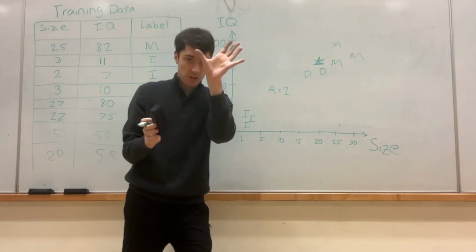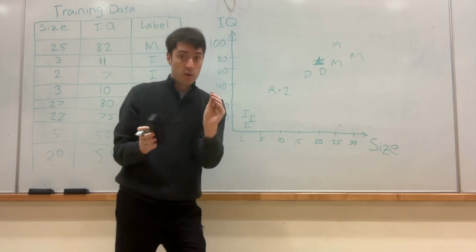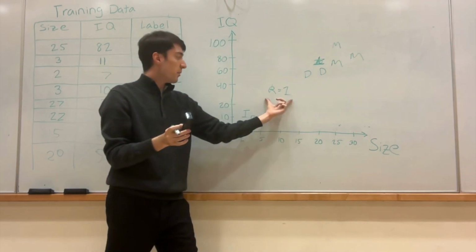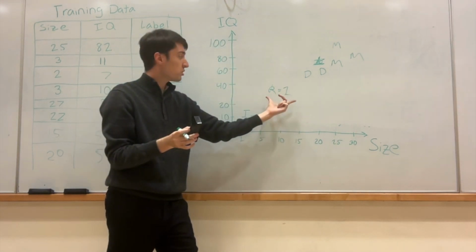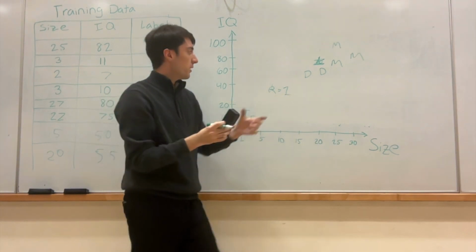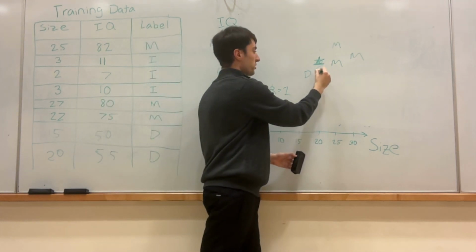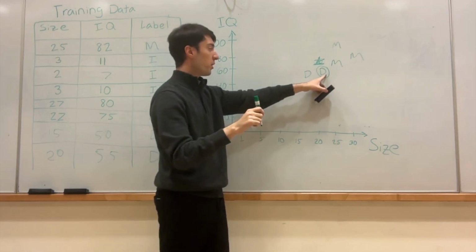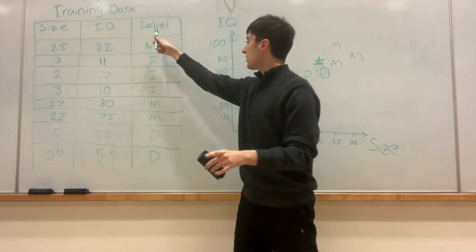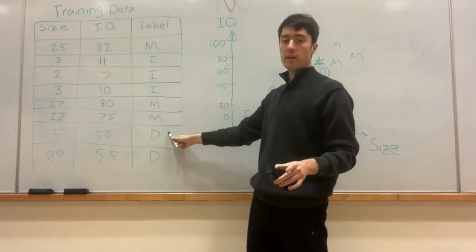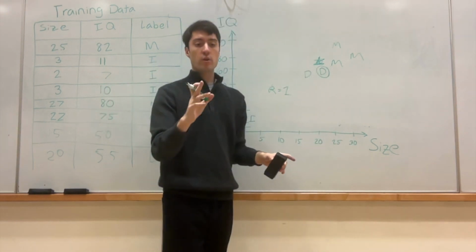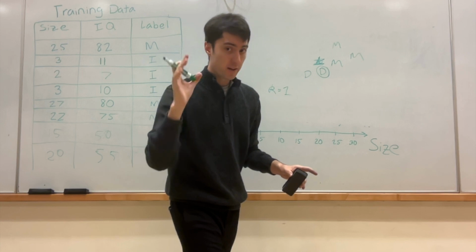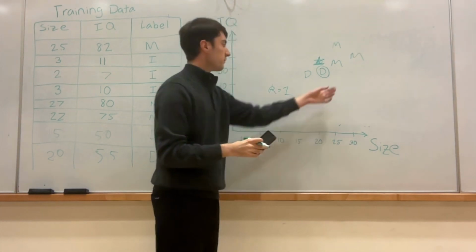Then all of that is going to evaluate to a number. You find the number 1, the closest point. Let's say it's this one. This is the closest point. And then you know the point. Then you find the label and say, the label is a dog. Therefore, my output I'm going to classify as a dog.